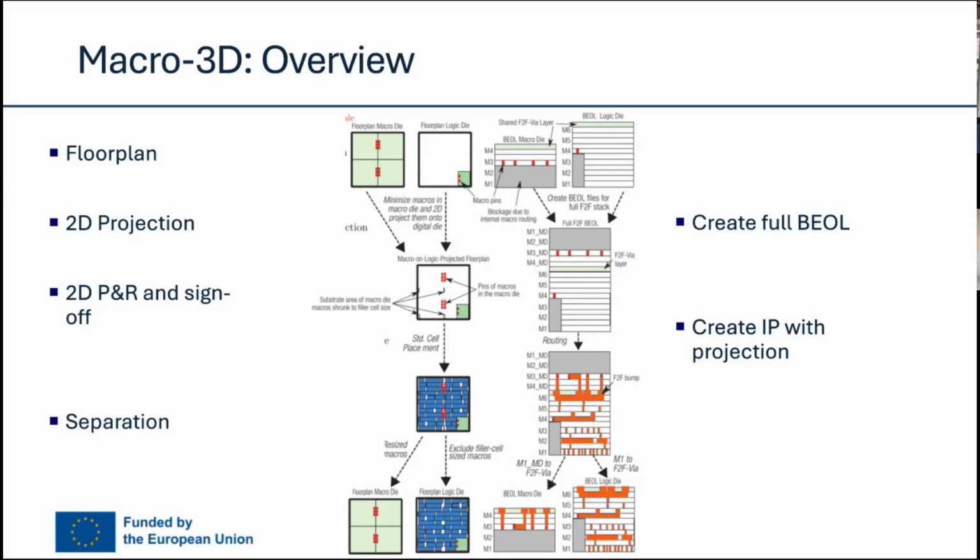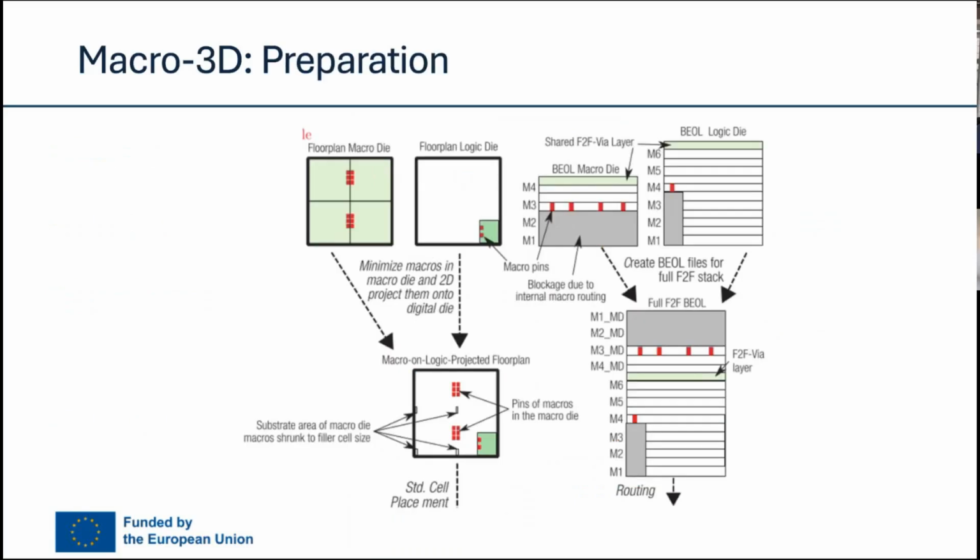Fundamentally, if we zoom in to look at the requirements, the fundamental idea of Macro 3D is that we start with two separate tiers and we want to combine them into a single full-stack back end of line.